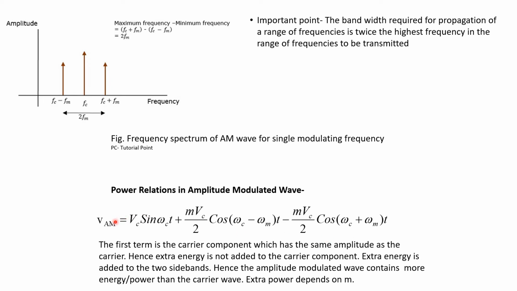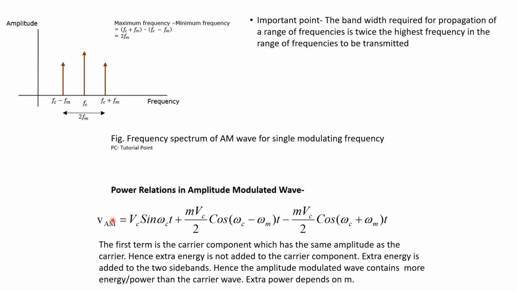As we have seen in the previous slides, the equation of the amplitude modulated wave is Vc sin omega c t plus mVc by 2 cos (omega c minus omega m) t minus mVc by 2 cos (omega c plus omega m) t.